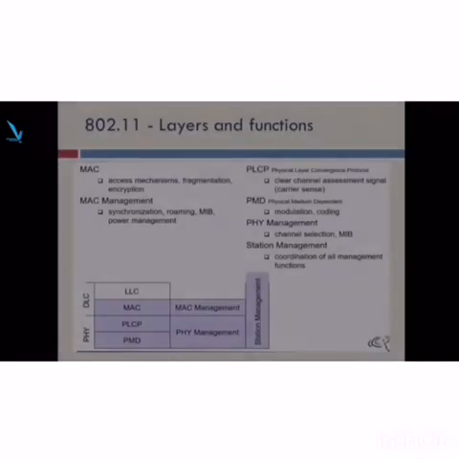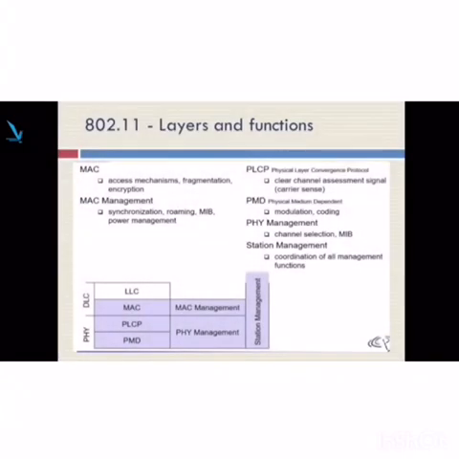So, the different layers and functions of the layers. Here, the basic two layers, that means the physical and MAC, the 802.11 MAC and 802.11 physical, are shown over here. The MAC layer is divided again into two parts: logical link control and MAC.